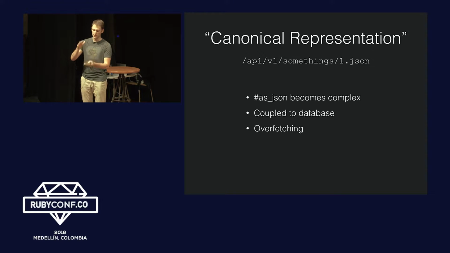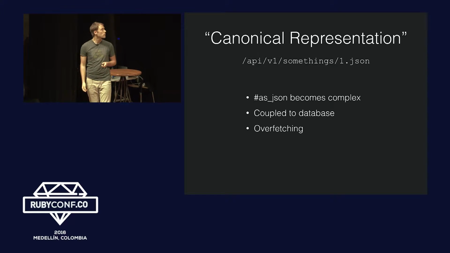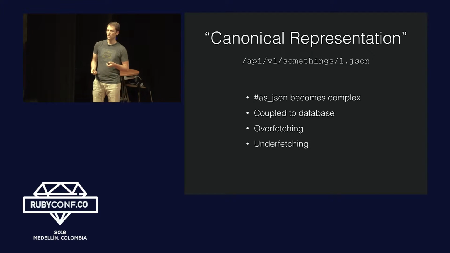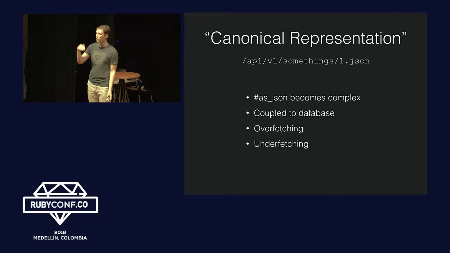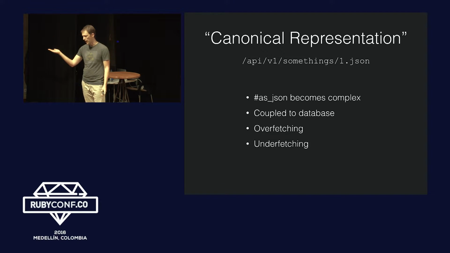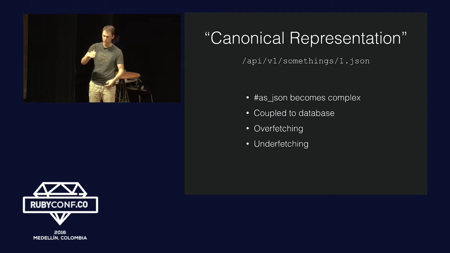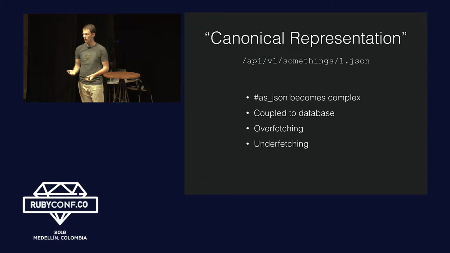If your object has 10 fields, and you send all 10 to the client, but the client only wants one field, you've wasted your time and energy because 9 of the fields were thrown away. Another problem is underfetching, which is to say, if you want all the information about a deck of Magic cards, first you should request the deck, find its name and ID or something. Then you need to request all the cards, and we wish we could get that all at once. So we make asJSON more complex.